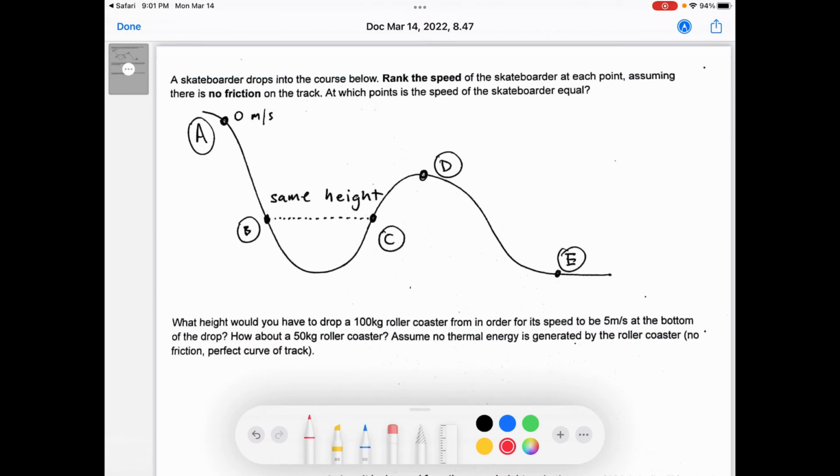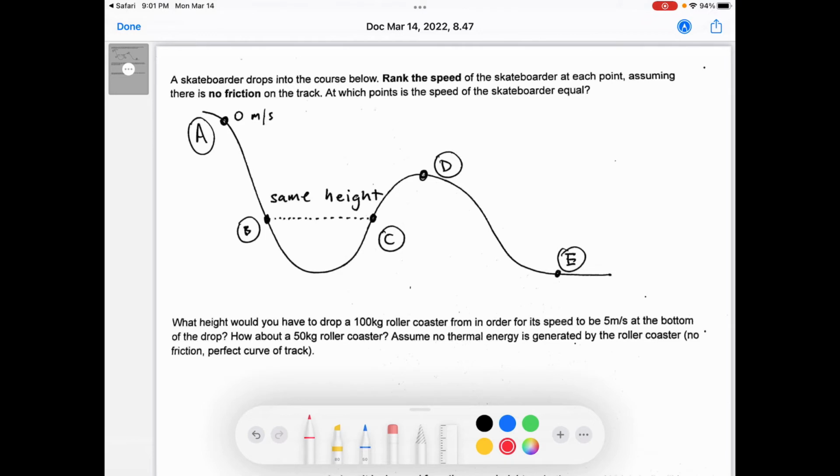All right, class, so now let's look at this question. A skateboarder drops into the course below. Rank the speed of the skateboarder at each point, assuming there is no friction on the track. At which points is the speed of the skateboarder equal?